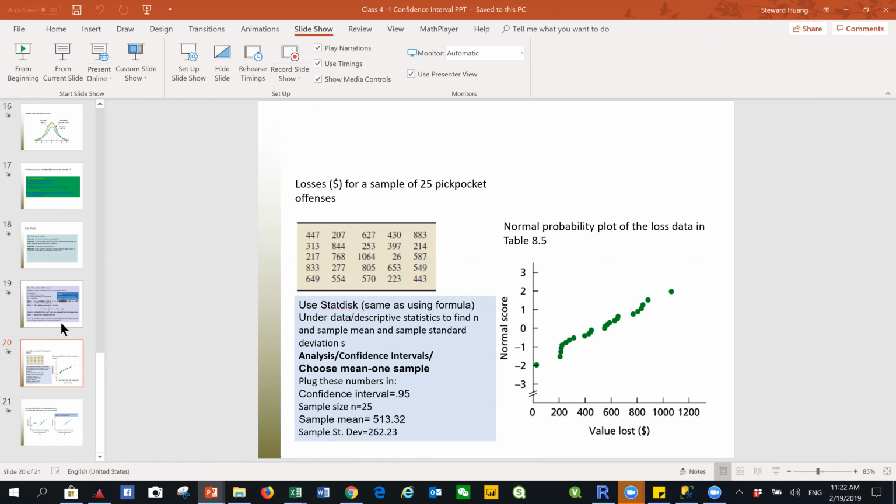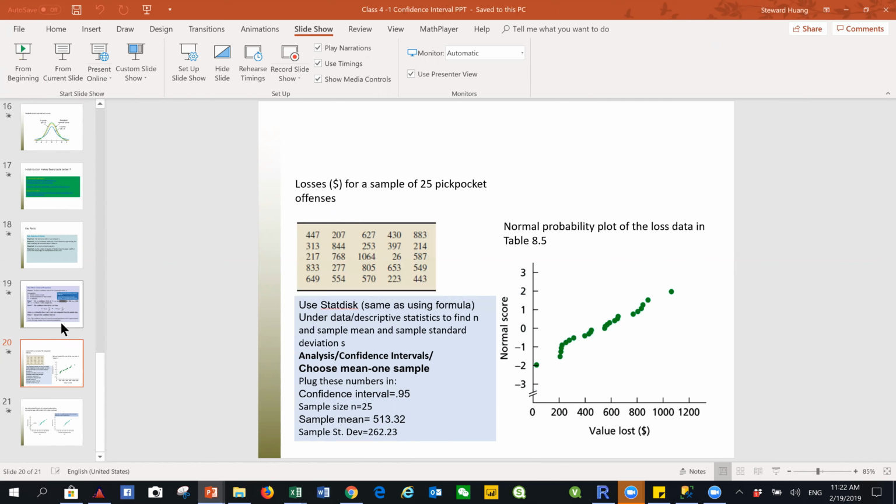So construct a normality plot, which you can do in Excel. When you use Excel, it should be able to show you the normality plot.